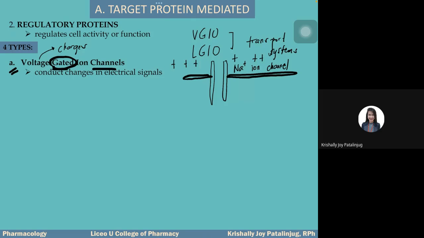If the charges inside and outside of the cell are not equal, then the gate will open just to attain equilibrium, to attain the balance in the concentration of the charges. So, sodium ion channel is the specific example given.